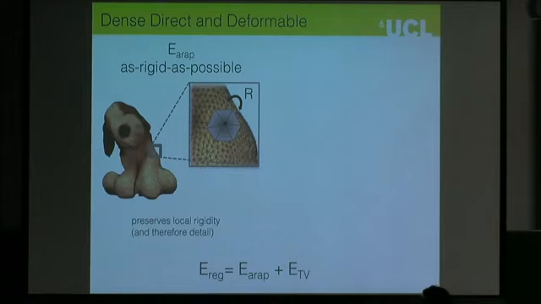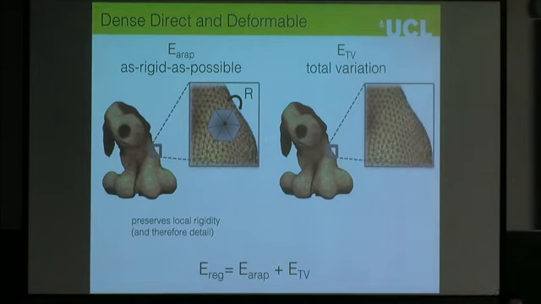So we say locally we're going to preserve rigidity, and the other term that we have is a total variation term where we're preserving spatial smoothness. When we look at these translations and we look at neighboring translations, then we're applying total variation locally to the translations, and in fact we're also doing this with rotations to smooth locally these local rotations.